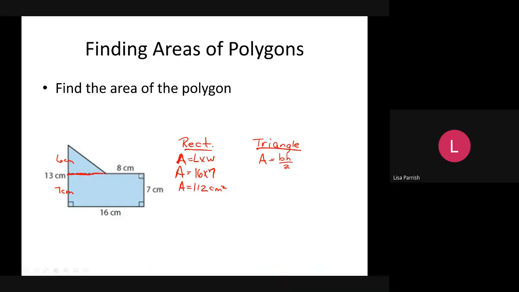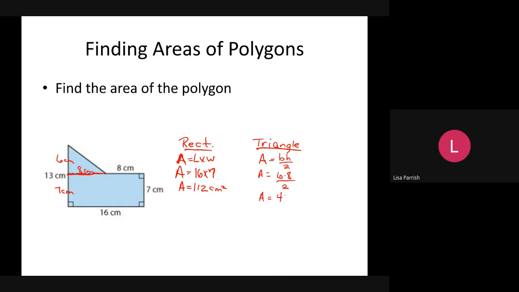Okay, so if the whole thing is 16 and this much of it is 8, what's 16 minus 8? It is 8. So now I know, see, 8 plus 8 equals 16. That's the length of the whole thing. So my measurements for my triangle are going to be base times height. So 6 times 8 divided by 2.